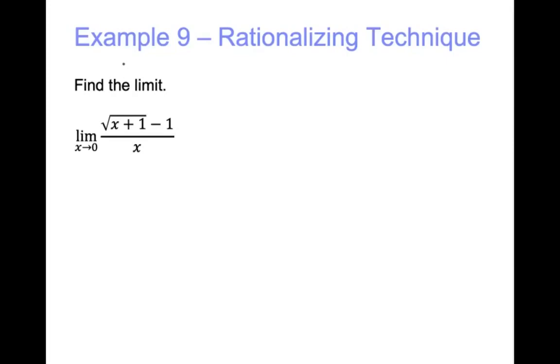So let's practice using the rationalizing technique here in example 9. Here we're asked to find the limit as x approaches 0 of (the square root of x plus 1 minus 1) over x. If we use direct substitution, we'll get the square root of 0 plus 1 minus 1 over 0.